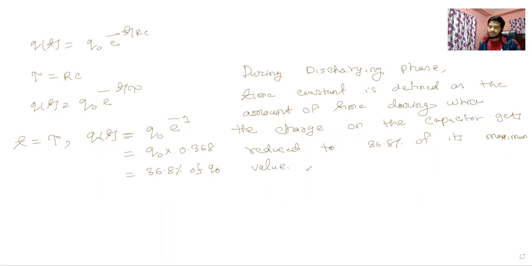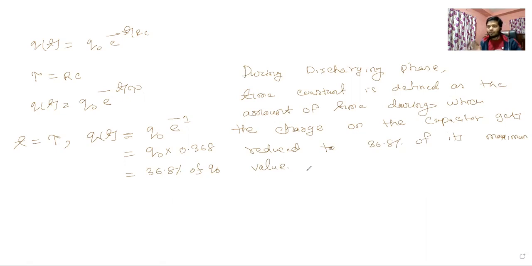Okay, so I hope you have understood it. Fine. So now I hope you can also define time constant tau during the discharging phase of the capacitor in terms of voltage, in terms of current also, right?